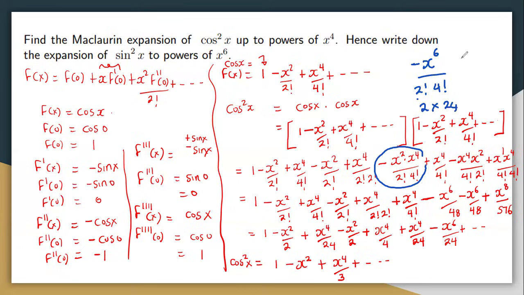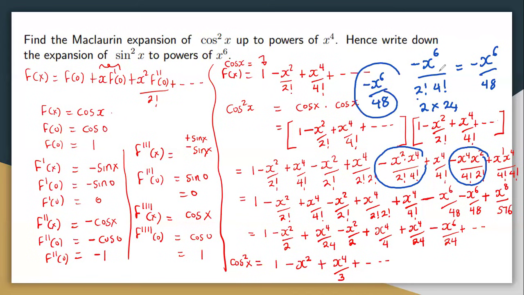So 2 times 24 gives you 48. So this means it is negative x power 6 out of 48. But there's another component here that has the same, so that one was also minus x power 6 out of 48. When you add this and this, that's where we got negative 2x power 6 out of 48, which reduces to 1 out of 24. So that's where it came from.